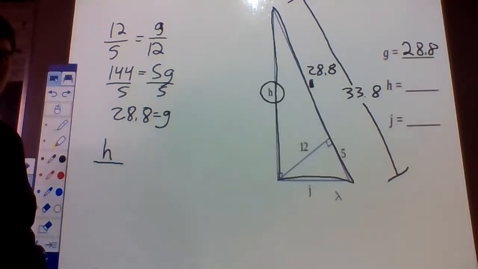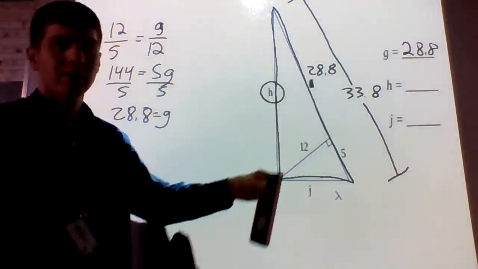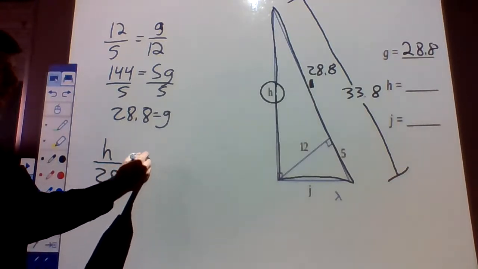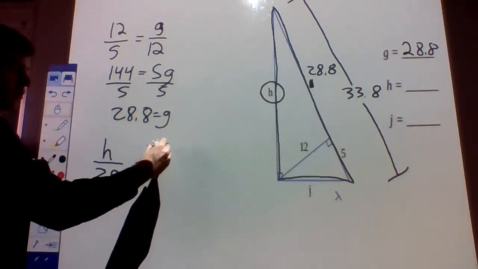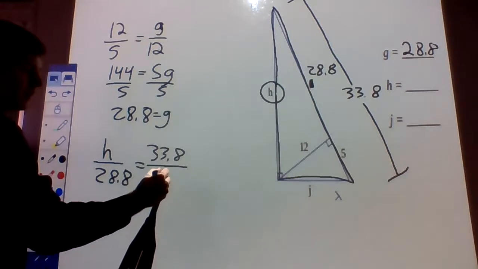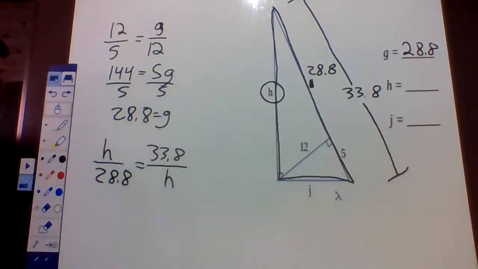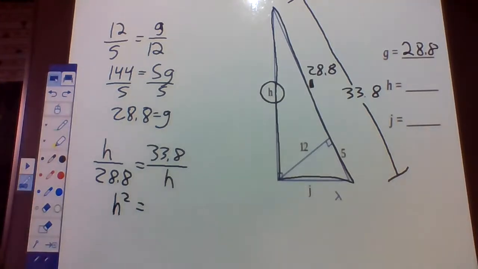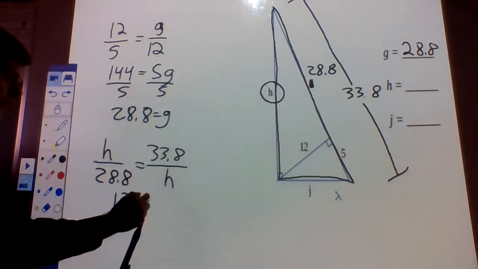The closest piece there is 28.8, adjacent to the leg. Then we want to use the hypotenuse itself. The whole hypotenuse there is 33.8. And then we're dividing by h. Cross multiply. That's h squared. 28.8 times 33.8 is 973.44.